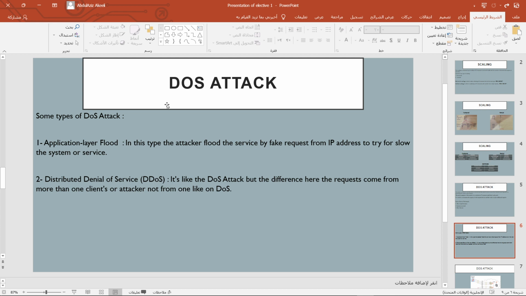DDoS attack, distributed denial of service. It is like a DOS attack, but the big difference is that in a DOS attack the requests come from one client, but here they come from more than one. In the next slide we have the diagram and I will explain.